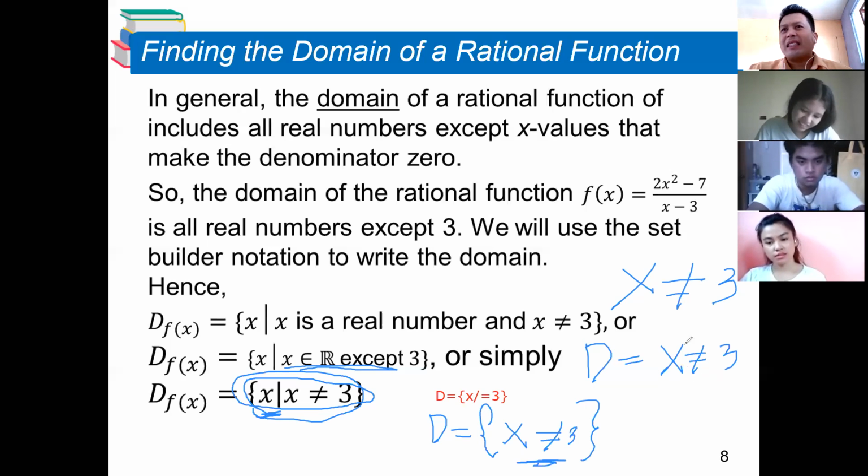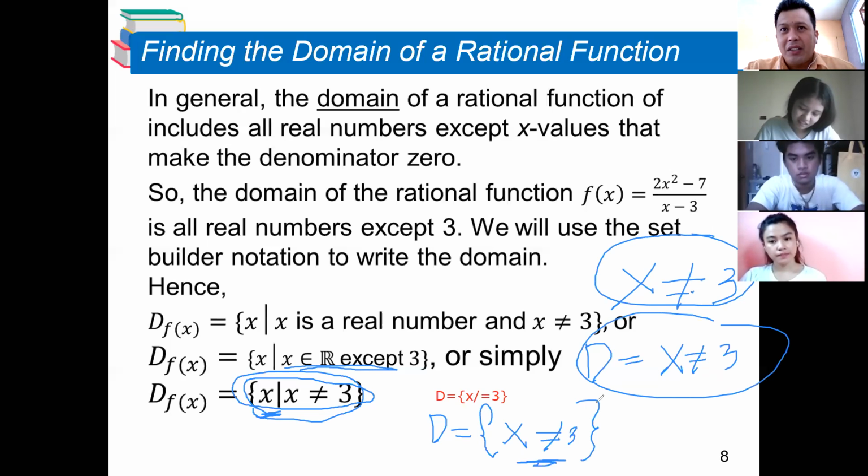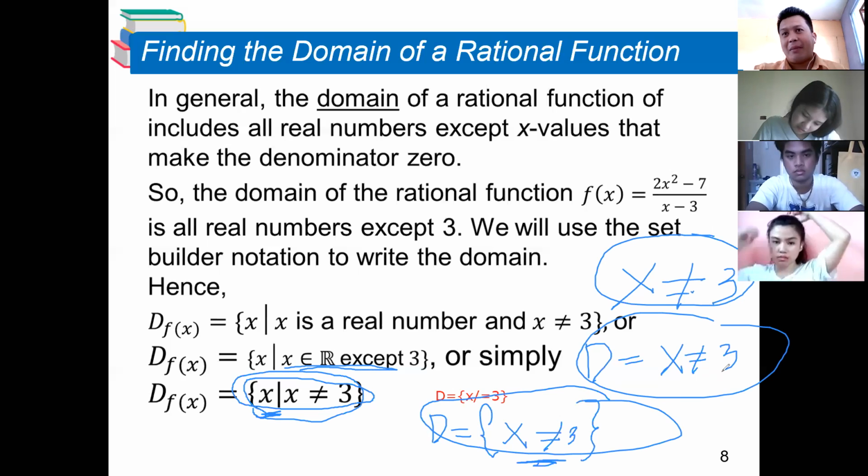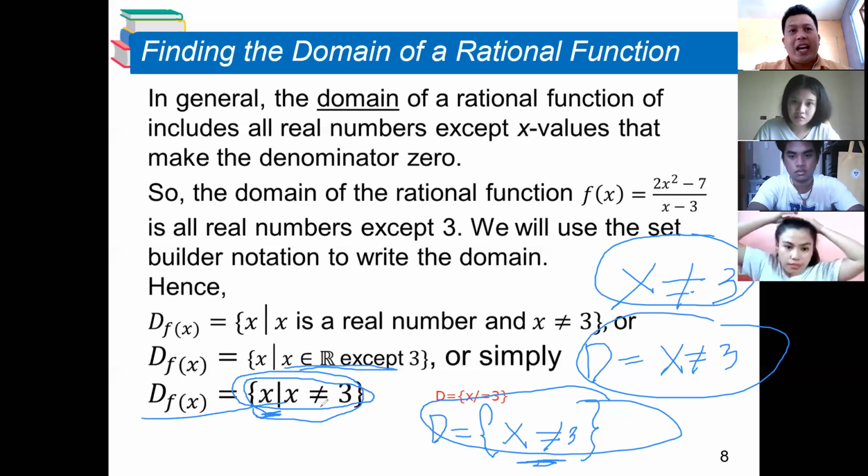Okay? So this, class, is simply telling me what the restrictions are. Perhaps if I were to ask you what the restrictions are, which is also one of the instructions in your FT or in the activity in your module, then perhaps this is understandable. But if the instruction is find the domain, I should see annotation of your domain, which is in set builder.